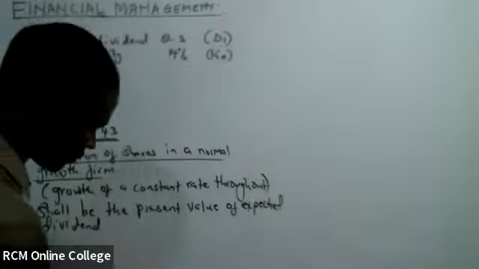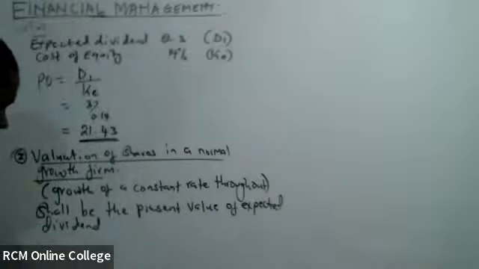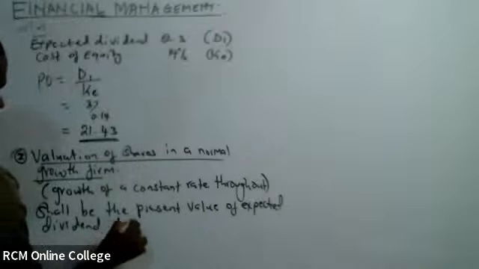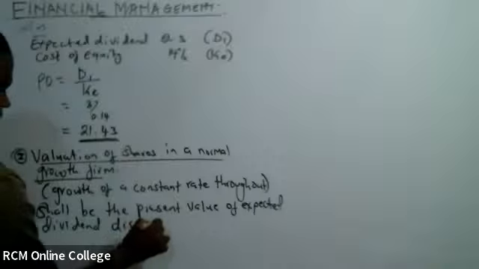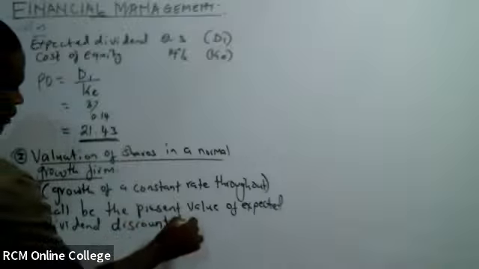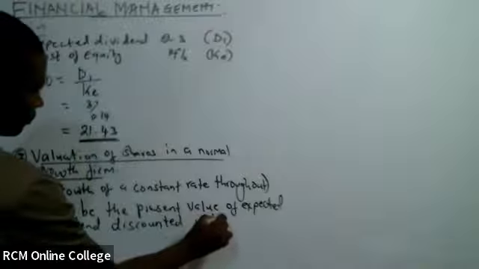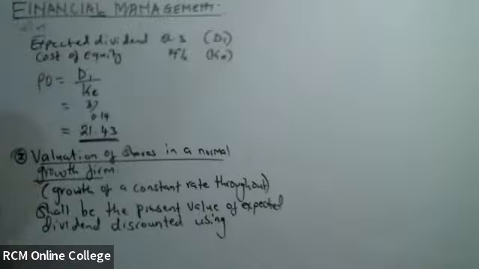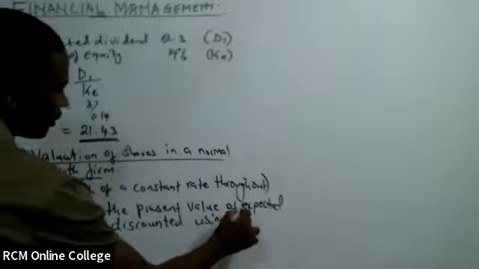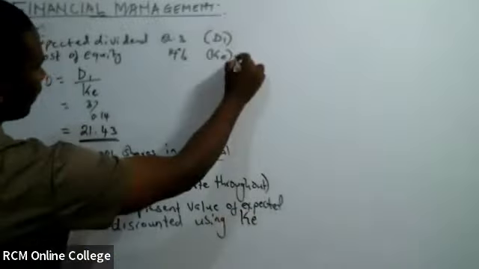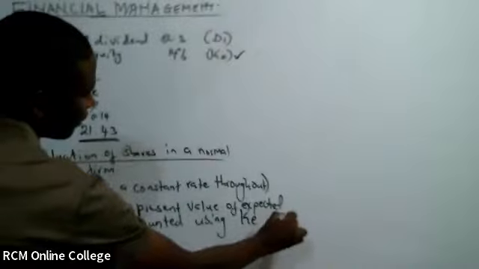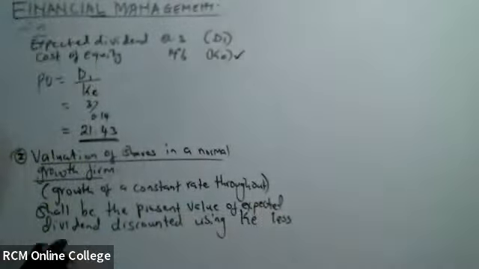The present value of expected dividend discounted using KE less the growth rate of dividend. KE, we know the KE, less the growth rate.